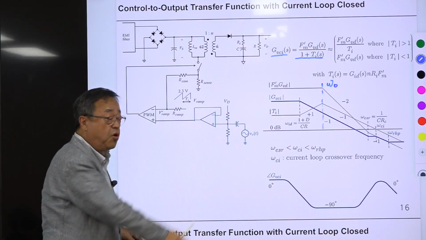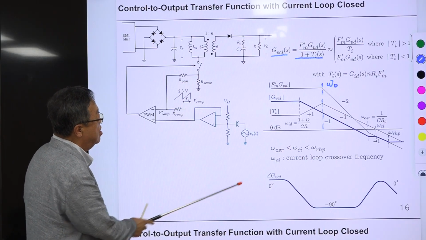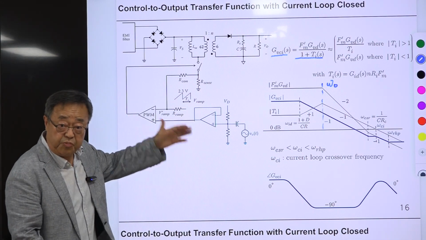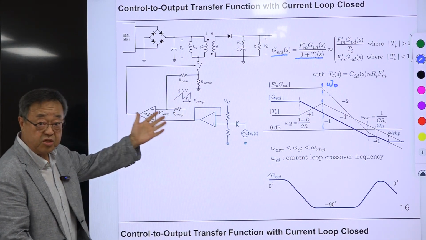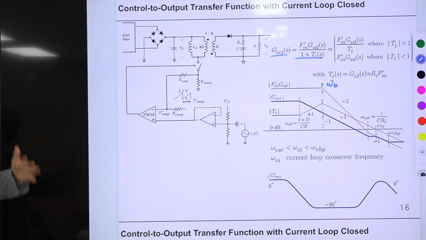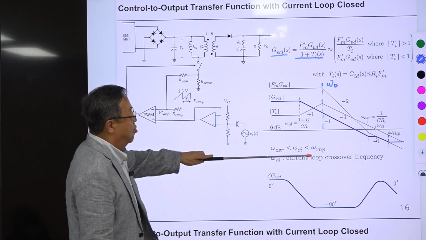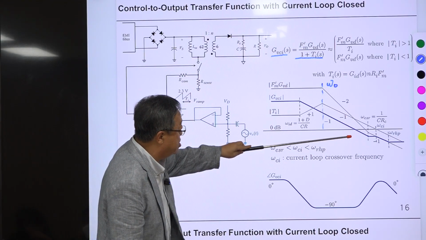Okay. Another advantage of doing this is this asymptotic plot can be immediately transformed to the factorized equation with very good accuracy. Right? So for this converter, the order of this frequency is this one.